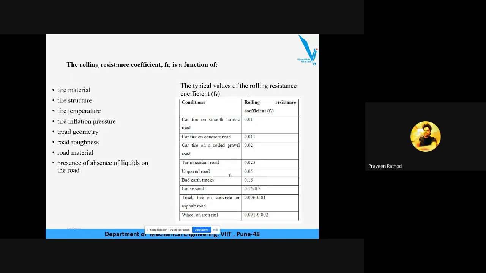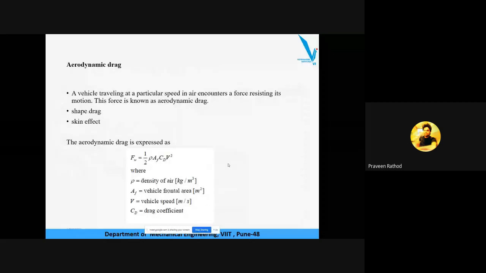Many empirical formulas have been proposed for calculating the rolling resistance on a hard surface and on a soft surface. These are for rolling resistance on the hard surface. For example, the rolling resistance coefficient of a passenger car on a concrete road may be calculated.